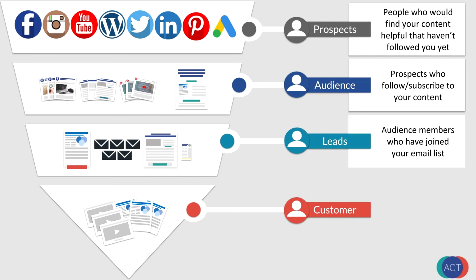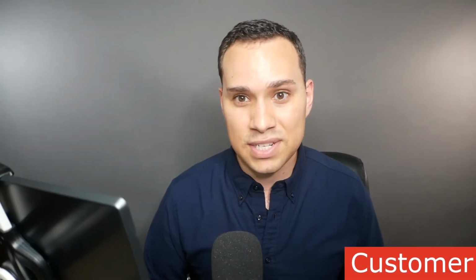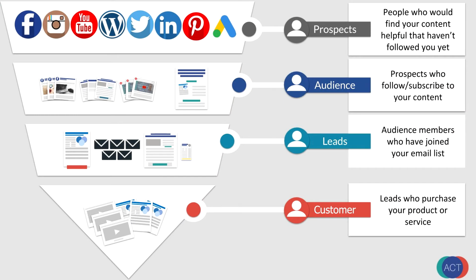Customers are people who've actually whipped out their credit card and purchased your products and services. This is the entire relationship development process, and it's what every single sales funnel is designed to do: take everyone in the world, find who the prospects are, get your audience members, transform them into leads, and then finally into customers.